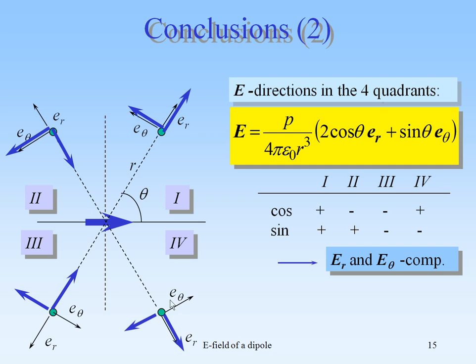So this is the total E, and the total E is in this direction, and here the same, and we have a mirror line here along the dipole moment vector, and this is the total field here.